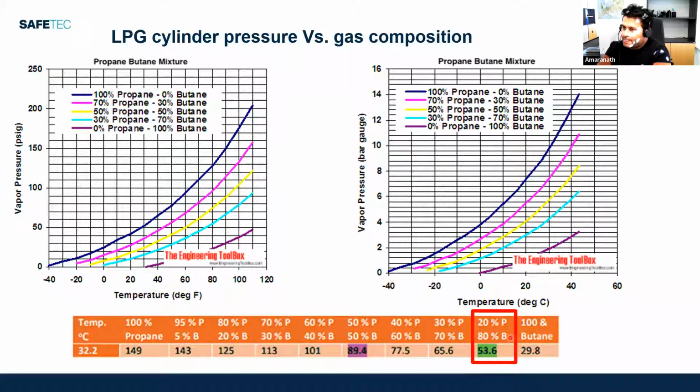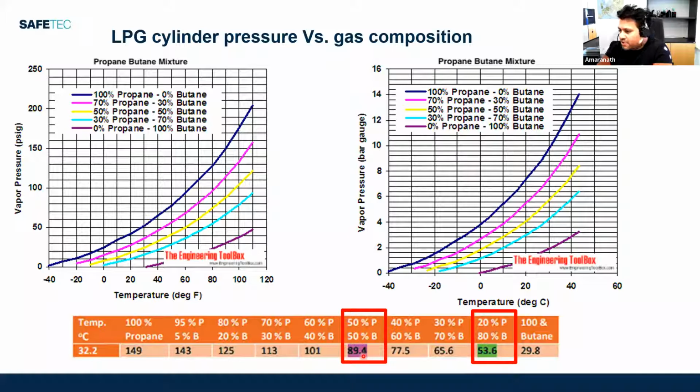But the suppliers, Litro and Laugfs Gas, changed the composition to 50-50, and that gives you 89.4 psi vapor pressure, which is approximately 8.6 bar. So the pressure is almost doubled from 53 psi to 89.4.